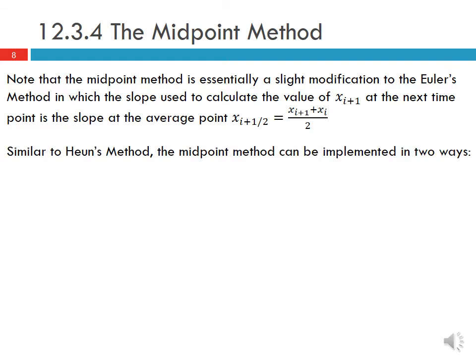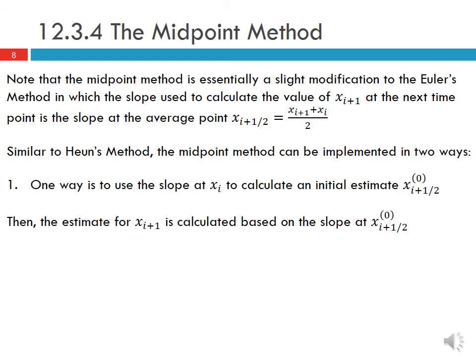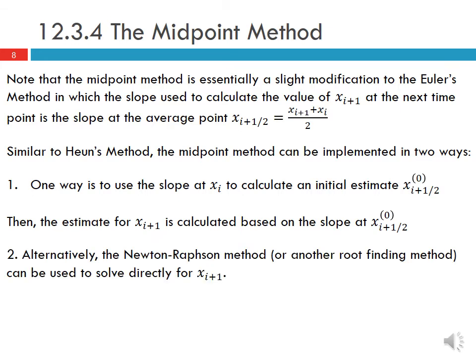Similar to Heun's method, the midpoint method can be implemented in two ways. The first is to use the slope at xi to calculate an initial estimate of our xi plus a half, and then the estimate for xi plus 1 is calculated based on the slope at our initial estimate of xi plus a half. Alternatively, we can use the Newton-Raphson method or another root-finding method to solve directly for xi plus 1. Similar to Heun's method, here we're only going to adopt the first approach, calculating this intermediate value.